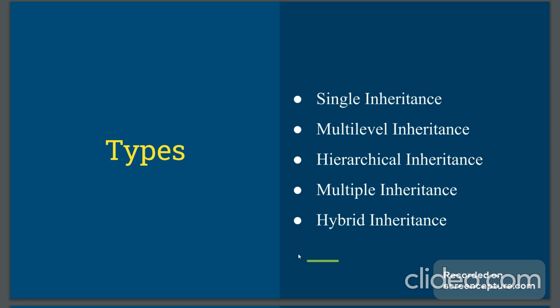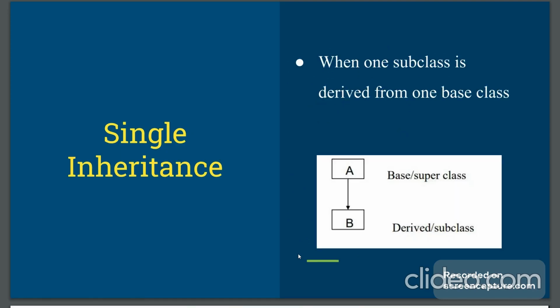Now we will see what single inheritance means. Single inheritance means when one class is derived from one base class. Such a type of inheritance is known as single inheritance: one base class and only one derived class.